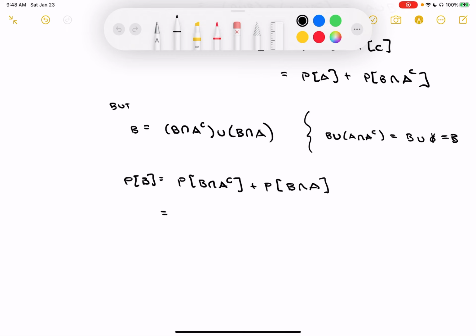Well, that first piece, B intersect A complement, that was just the probability of C, right? So I've got my probability of C there, and I'm going to then add to it the probability of B intersect A.